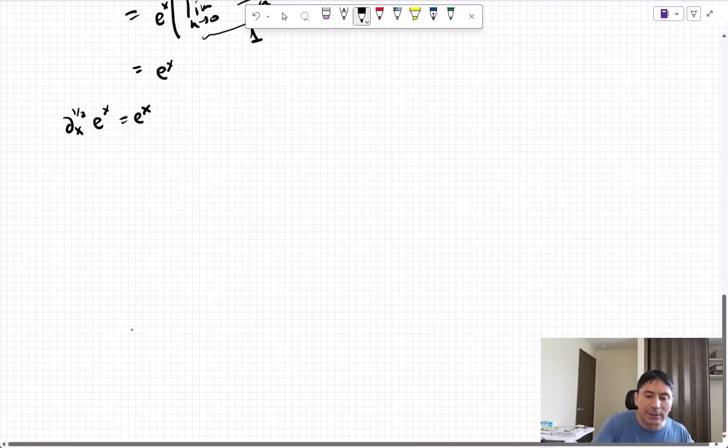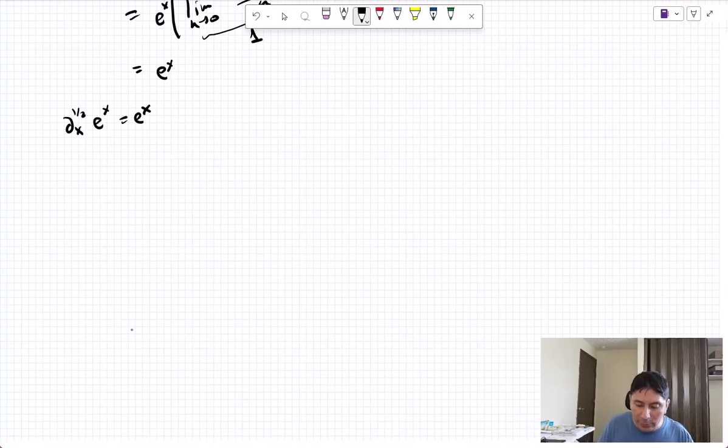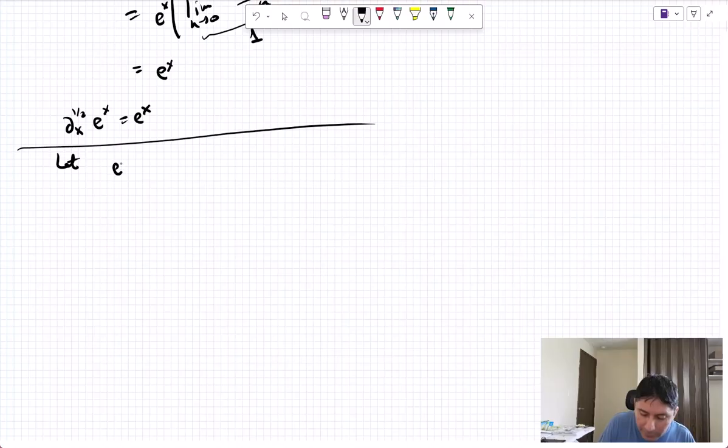Well, let's do the next example, which is the next challenge: let's see what happens when we consider e^(ax) equals f of x, right? Will we still get the same answer? Okay, so we'll do the same calculation.